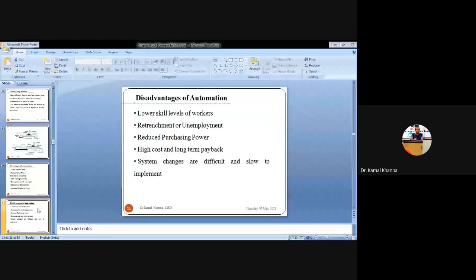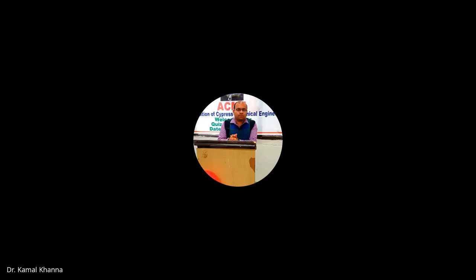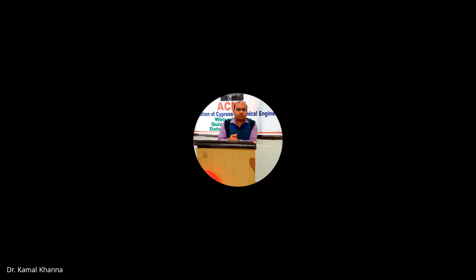Let us say in earlier days, if 50 workers were required on one shop floor, nowadays only 25 to 30 workers are controlling the same kind of machines, which are now CNC machines. So the 20 persons who have lost their jobs face discouragement, retrenchment, or unemployment in the market.